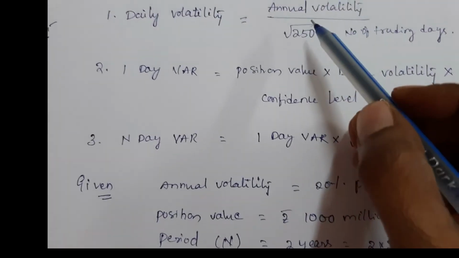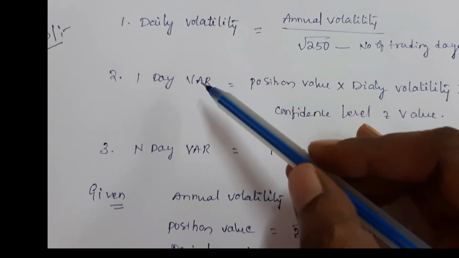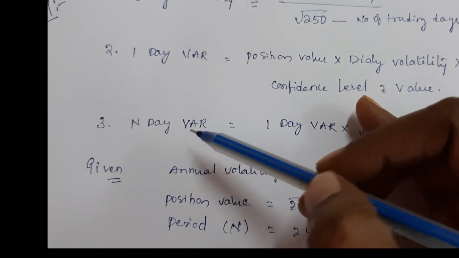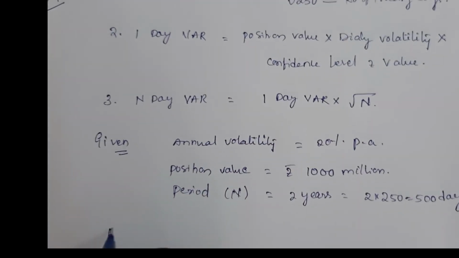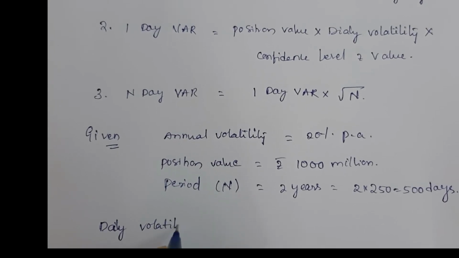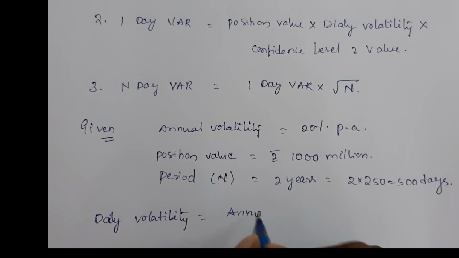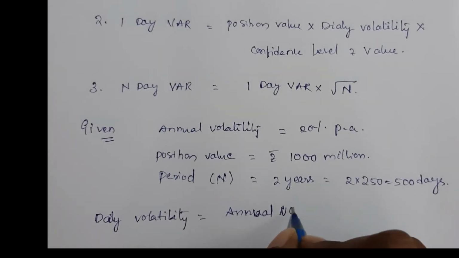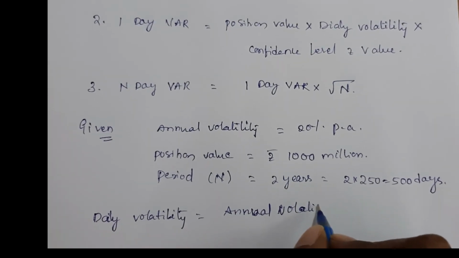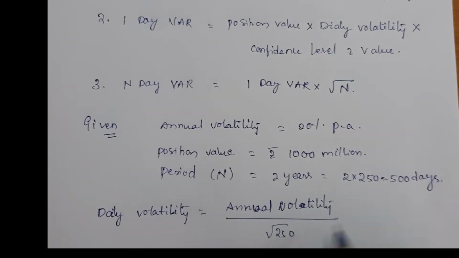So for the purpose of calculation of VAR, initially we need to calculate daily volatility, then 1 day VAR, then N day VAR. So let us calculate daily volatility first of all. The formula is annual volatility divided by square root 250.